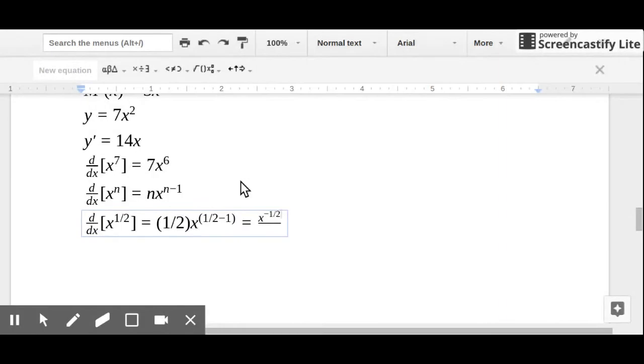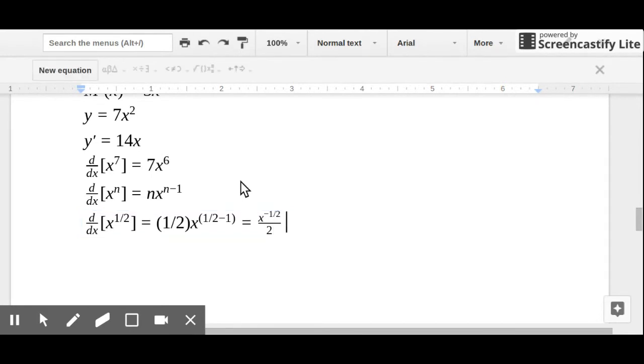Give you a second, think about that. And then what goes down here? Well, it'd just be a 2. See that? And of course we can rewrite this, not writing it with negative exponents, but writing it with positive exponents and taking that down into the bottom, which ends up becoming 1 over 2 times the square root of x. 2 times the square root of x.